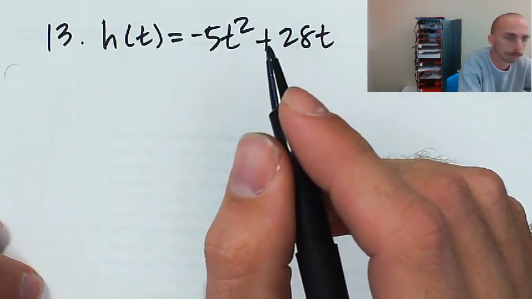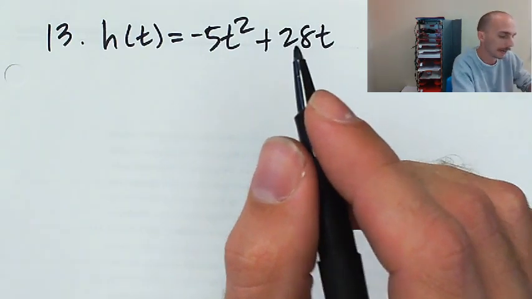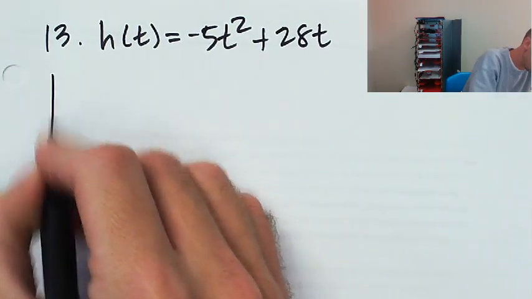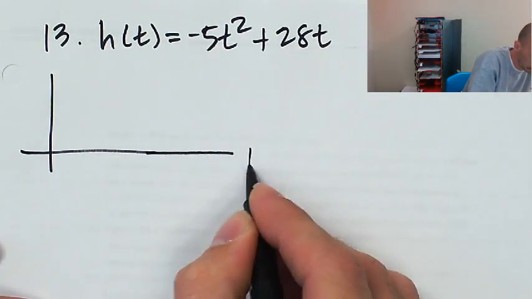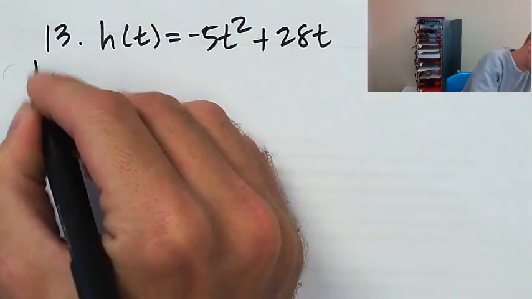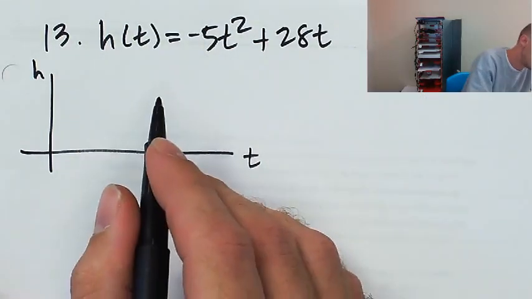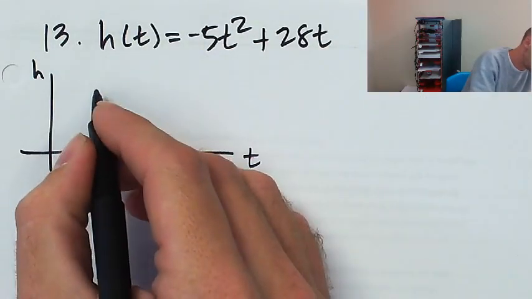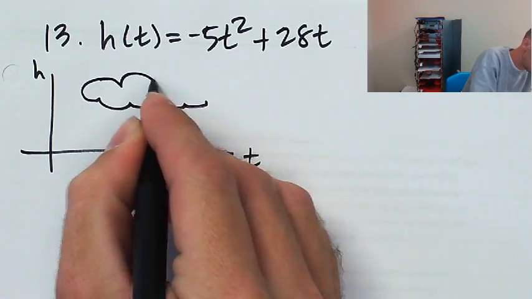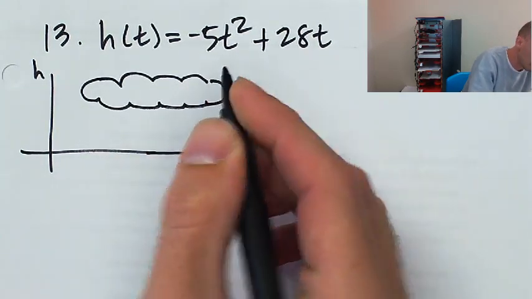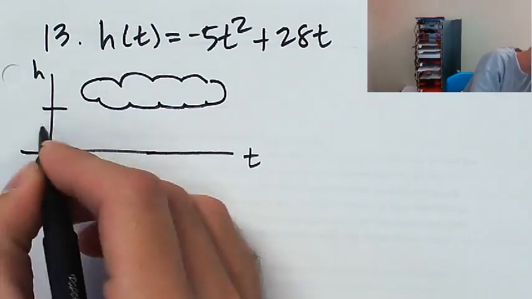Okay, so in the clouds, I should probably draw us a picture. This is going to be my time axis, and then height. The level of the cloud, I'll even draw a cloud, is going to be 45.